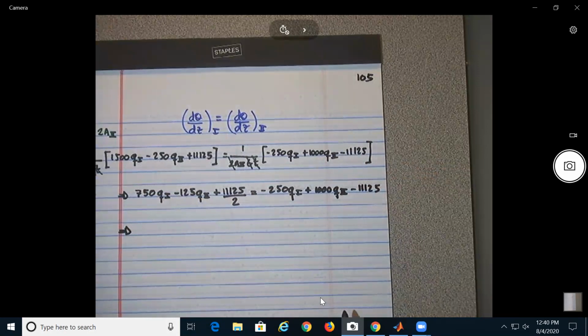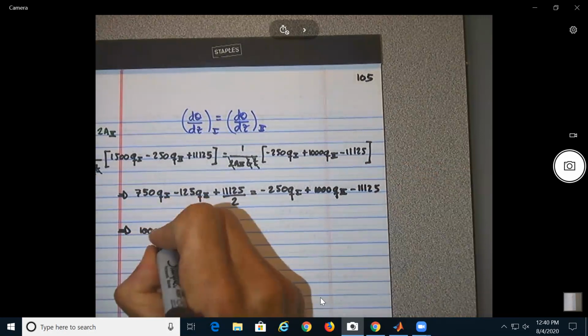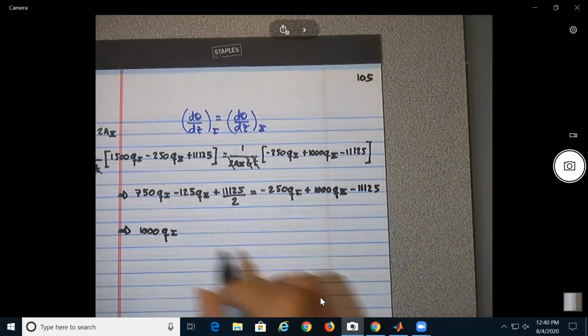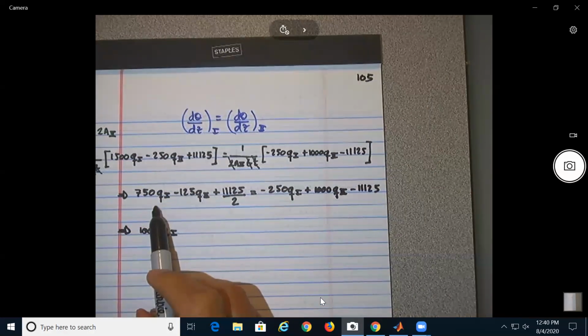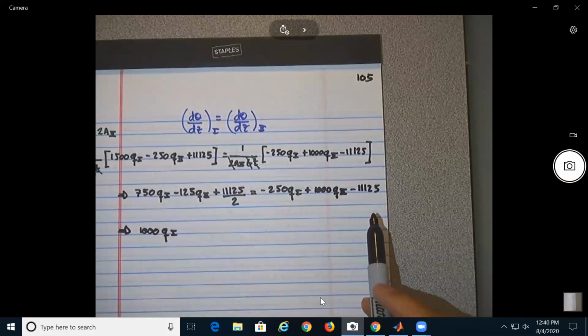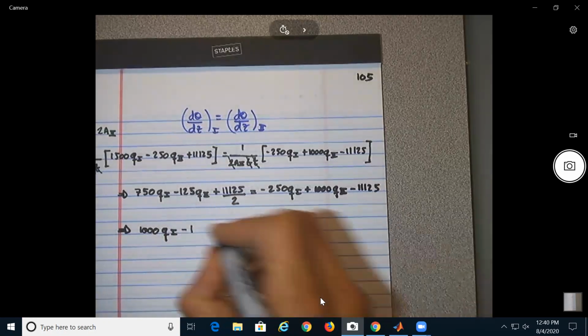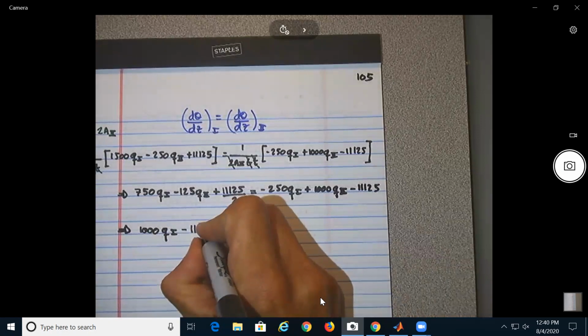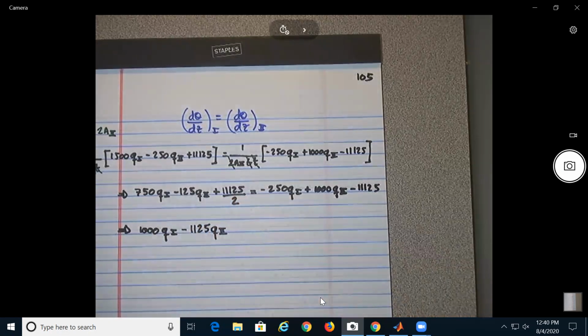Okay, so let's see. If I move everything to the left, it would be 1,000 Q sub 1 minus 1,125 Q sub 2.